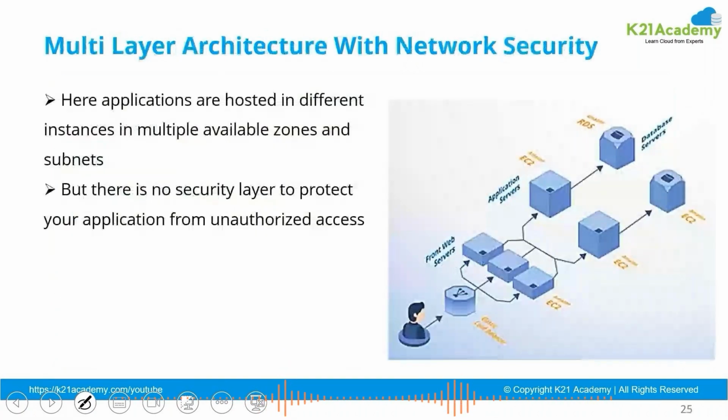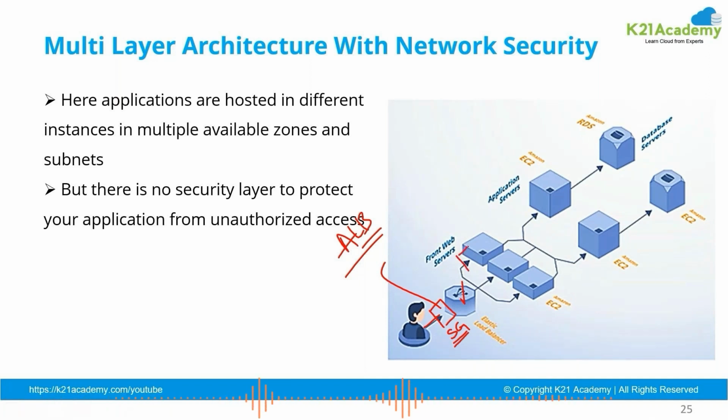How does this multi-layer architecture give us protection? Whenever you are deploying an Elastic Load Balancer, there is a security group associated if you are using an application load balancer. When the user enters, his traffic is filtered by the security group associated with this load balancer. If the user is allowed, then the traffic is filtered by the security group associated with these front-end servers.